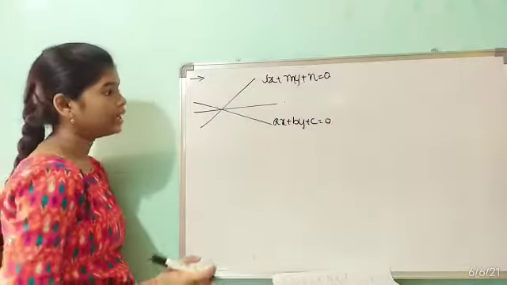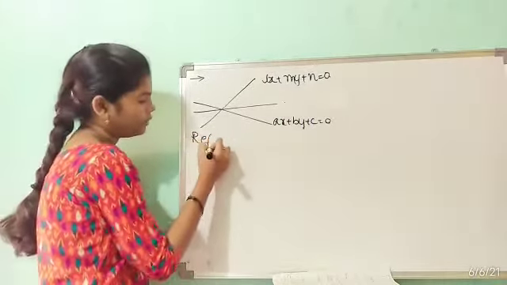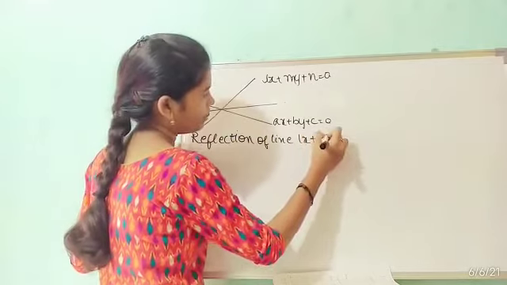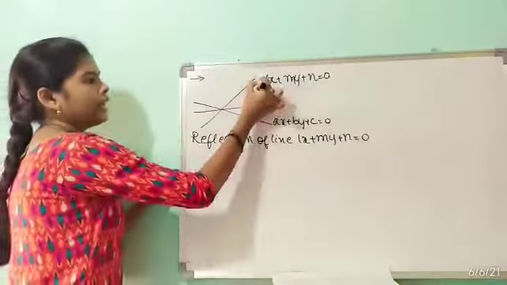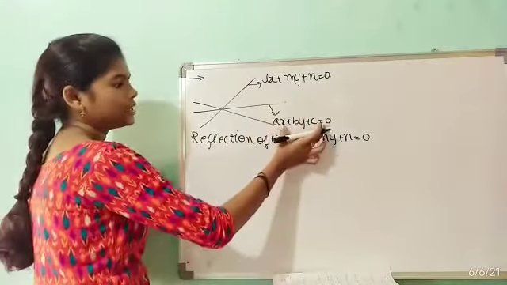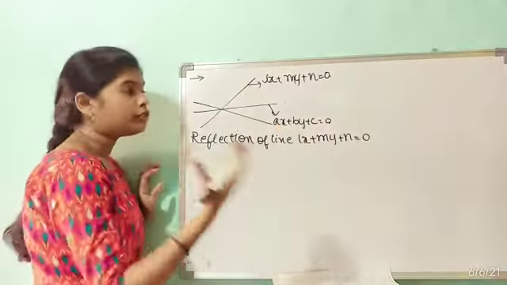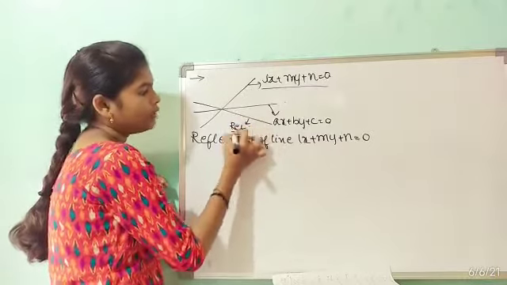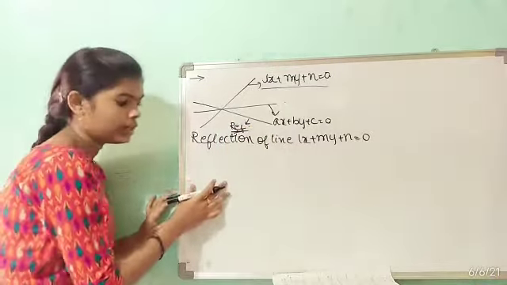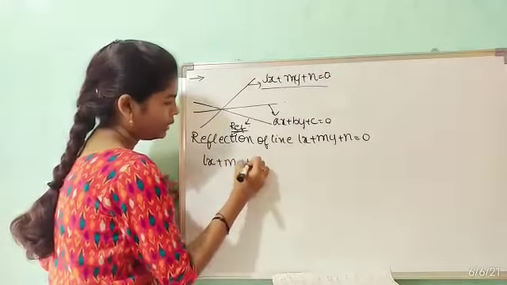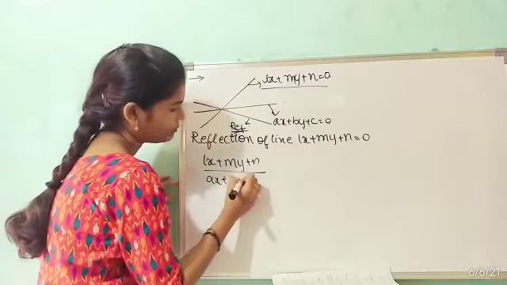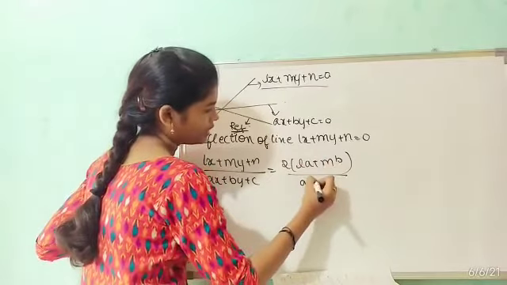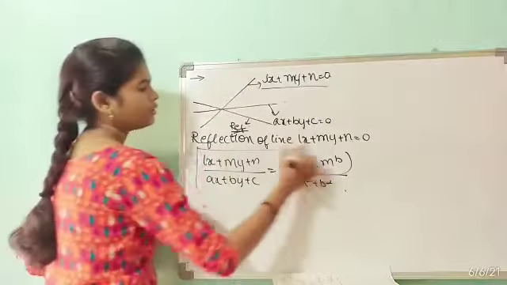In order to find the reflection of the line Lx plus my plus n equal to 0 with reference to the line ax plus by plus c equal to 0, what will be the equation? The formula is (Lx plus my plus n) by (ax plus by plus c) equals 2 times (La plus mb) by (a square plus b square). This is the formula to find the reflection of a line.